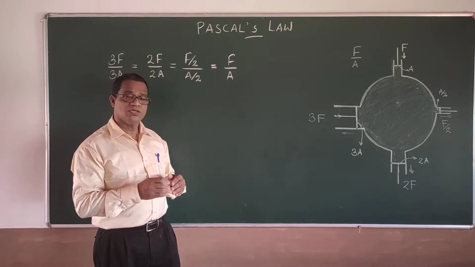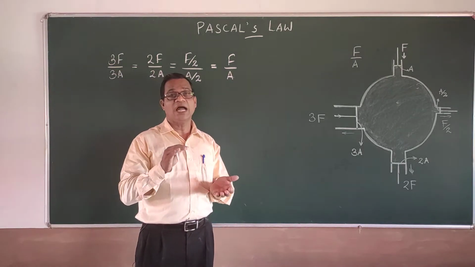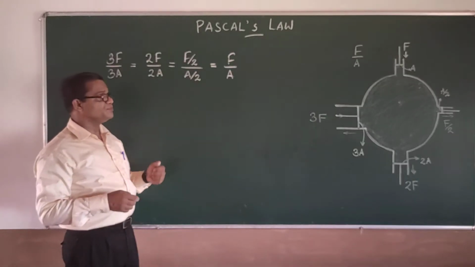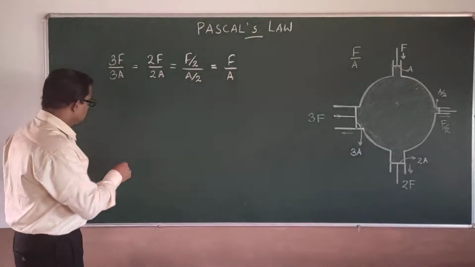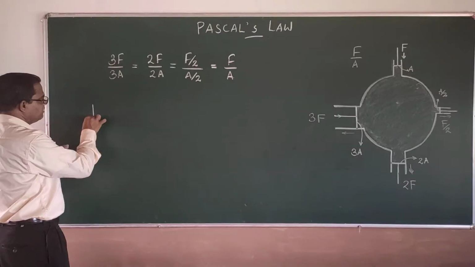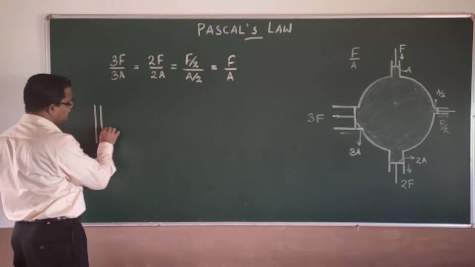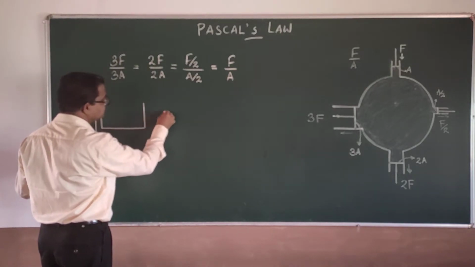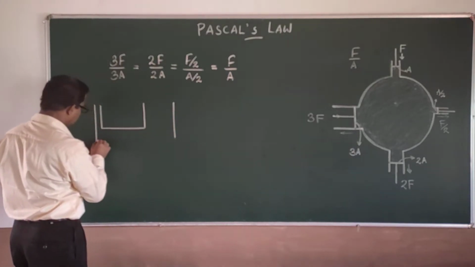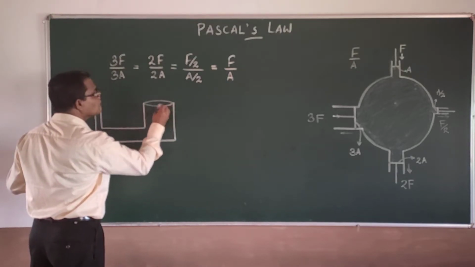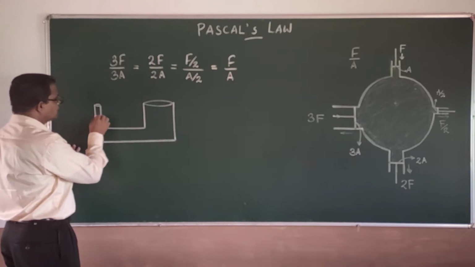So I will discuss only one particular case, the hydraulic lift, and how it works on the principle of Pascal's law. The hydraulic lift in its simple form has a small area and a large area portion.